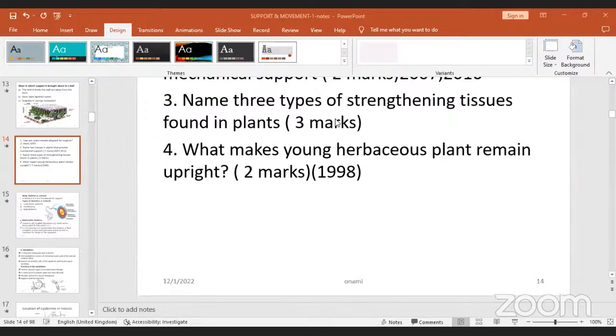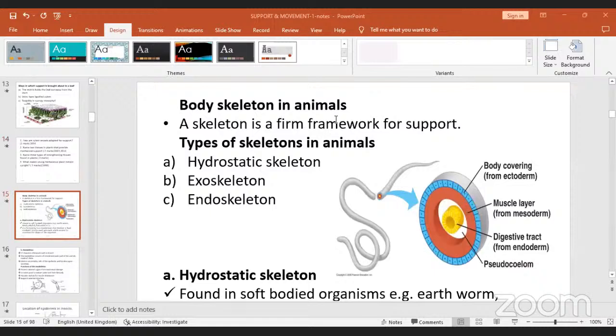Now I want us to start, and as we move along, let us think together. If we have a question, ask. You can raise your hand, interject, and ask. Now, a skeleton is a firm framework for support.